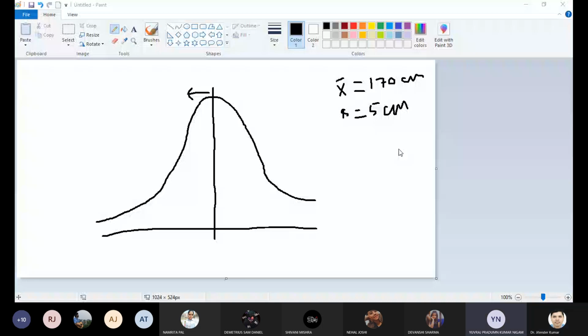Sir, your voice is breaking. My voice is breaking. What should I do? Okay, let me see if I can do something else also. Because I tried connecting with my mobile data also.